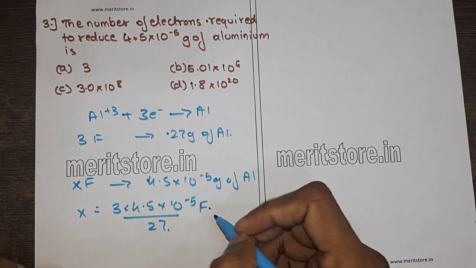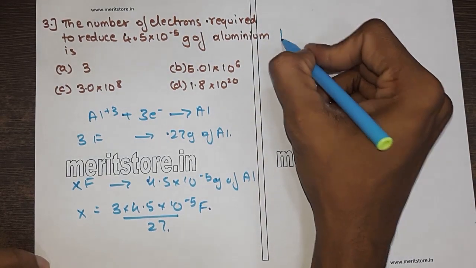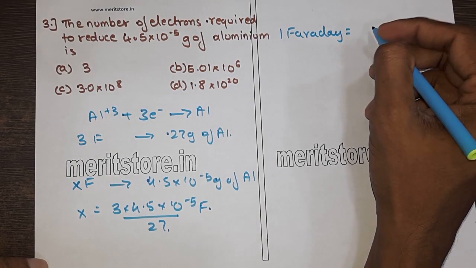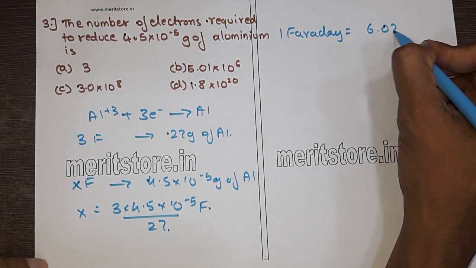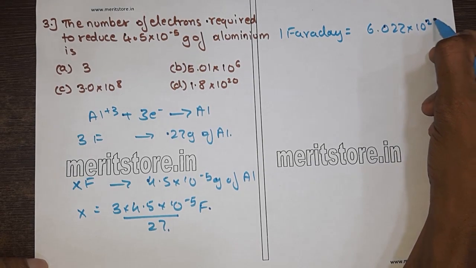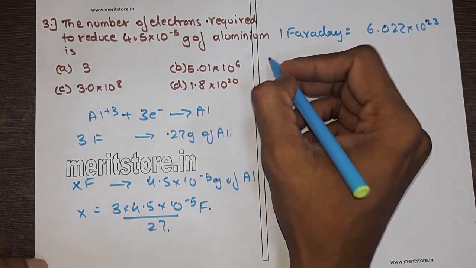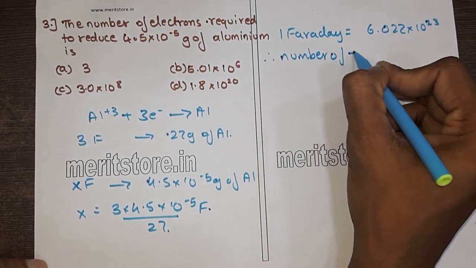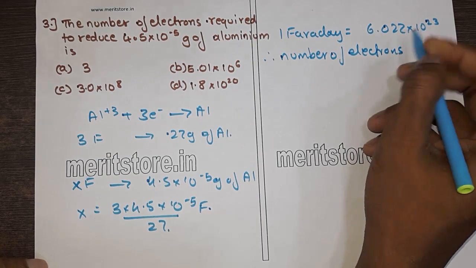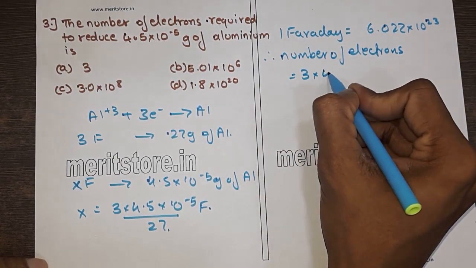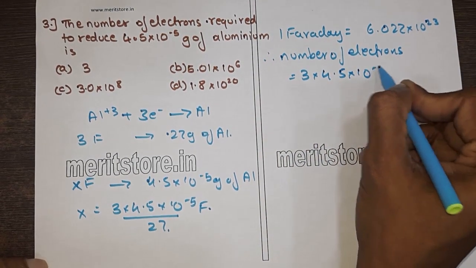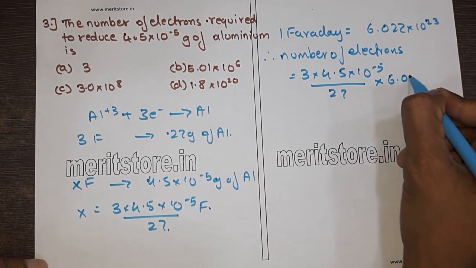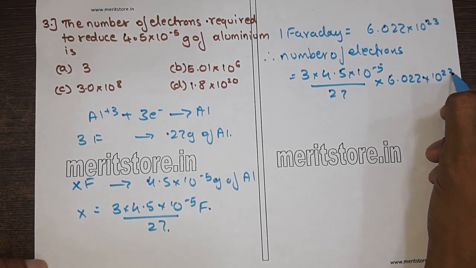That is in Faraday. Now 1 Faraday is equal to charge on 6.022 into 10 raised to 23 electrons. Number of electrons required is equal to 3 into 4.5 into 10 raised to minus 5 upon 27 into 6.022 into 10 raised to 23.